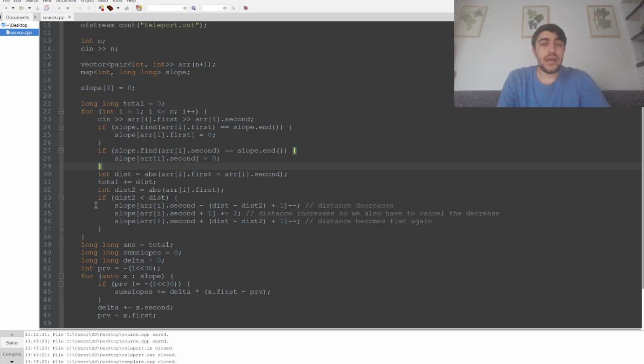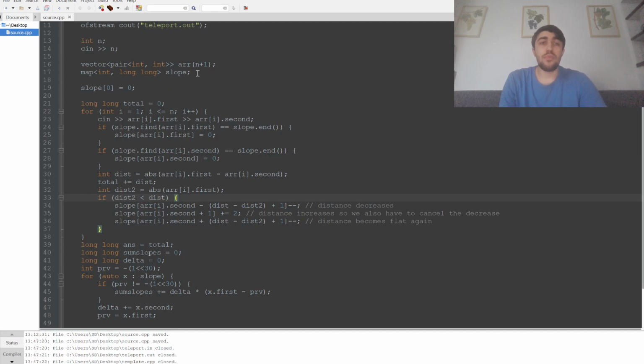And here we have a decrease in distance when we get to where the slope starts going down. Then here, after we got past the minimum, we will add 2 to make up for the decrease and to also start increasing, and then the distance becomes flat.